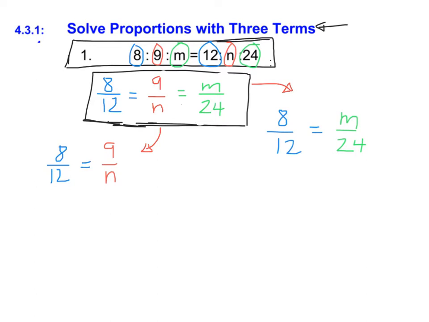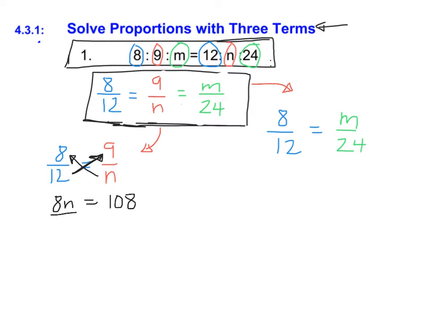Now, if I go to solve for n, no problem, I'll cross multiply. N times 8 is going to be 8n. And 12 times 9 is going to be equal to 108.